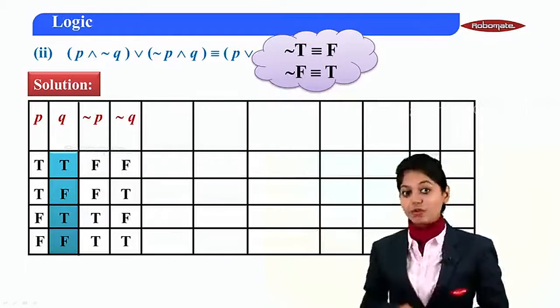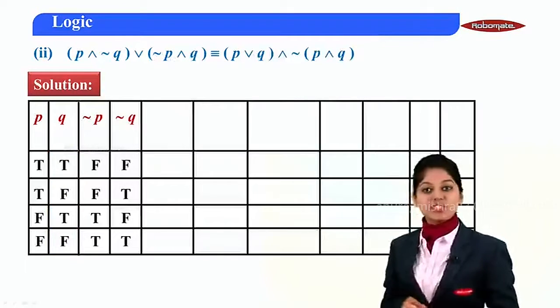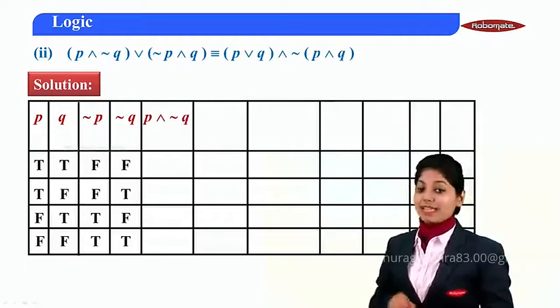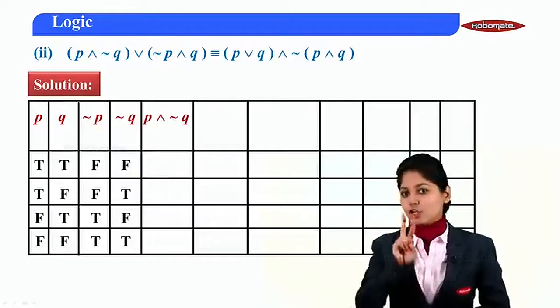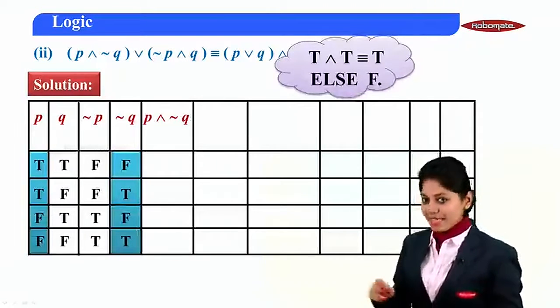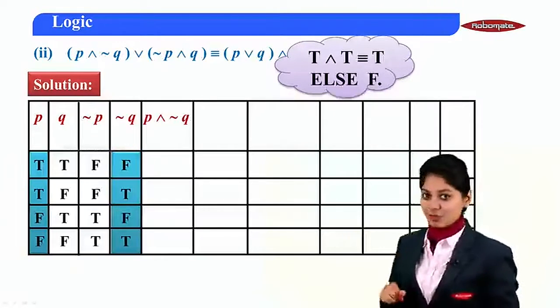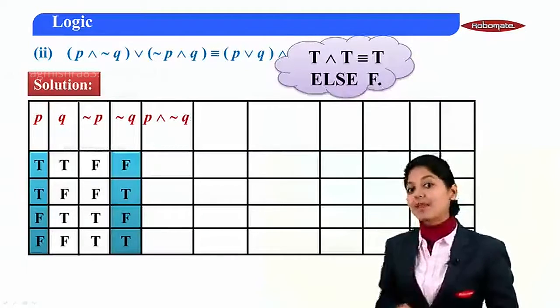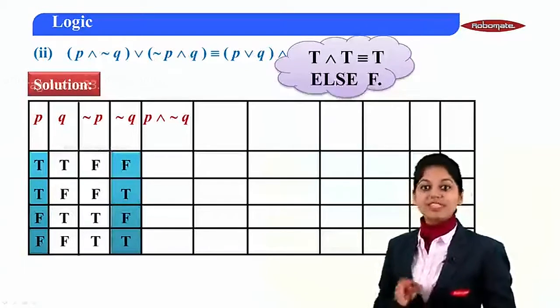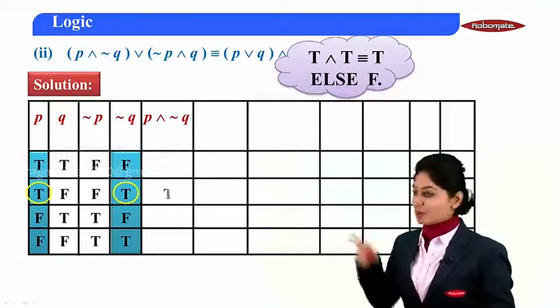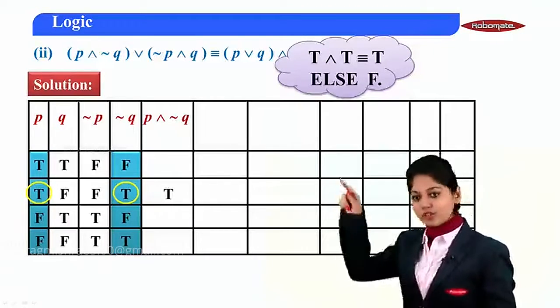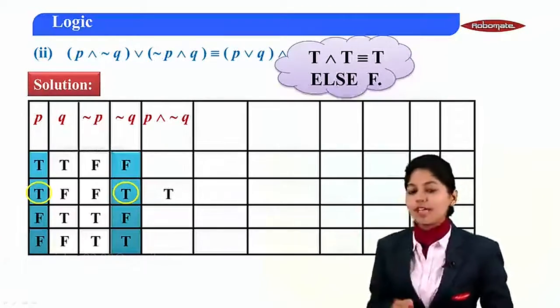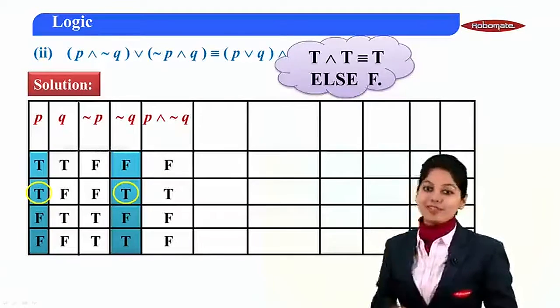Now do you have the truth values of negation P as well as negation Q ready in front of you? Yes. Now you can go for the first bracket, which is P and negation Q. That means now you will catch two columns, and those two columns are P as well as negation Q. And which connective is applied here? Conjunction, which says true and true should give you true. While for the rest of the cases where you do not have true and true, you will put false.